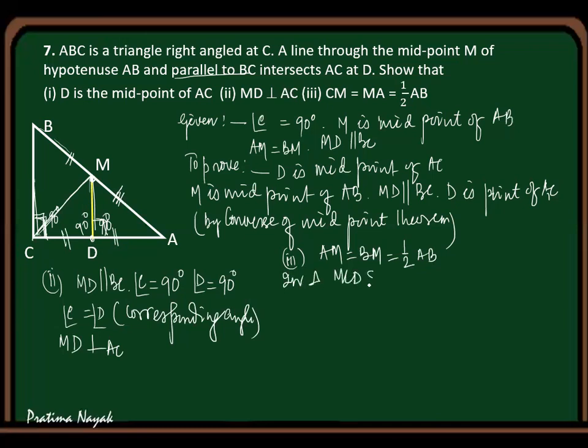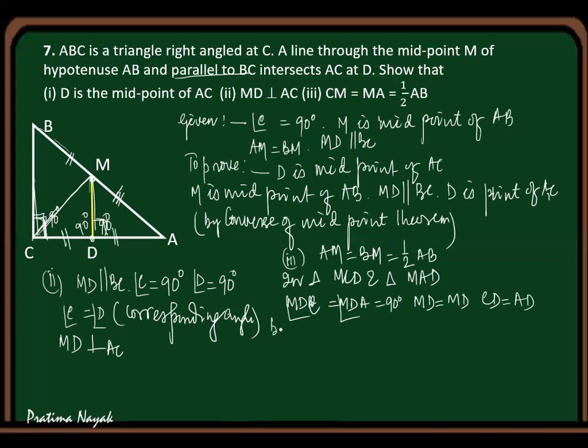So I'm writing the things in triangle MCD and triangle MAD. First, angle MDC is equal to angle MDA. Both are 90 degrees. Next, MD is common. MD is equal to MD. Then CD is equal to AD.